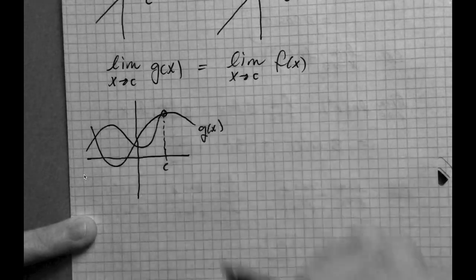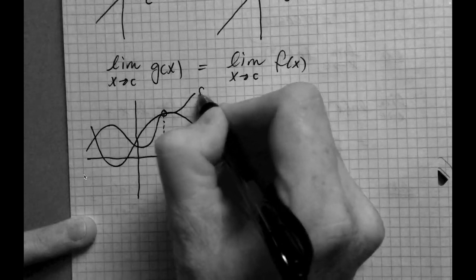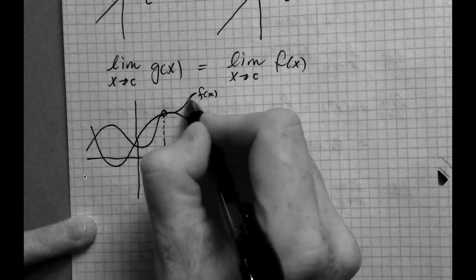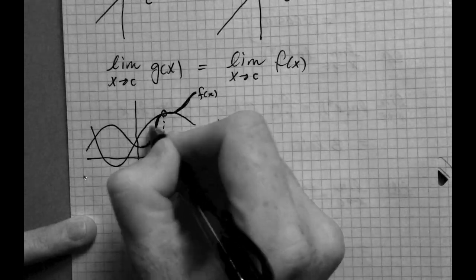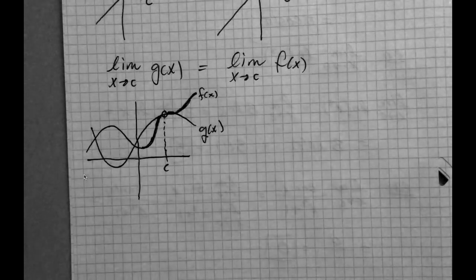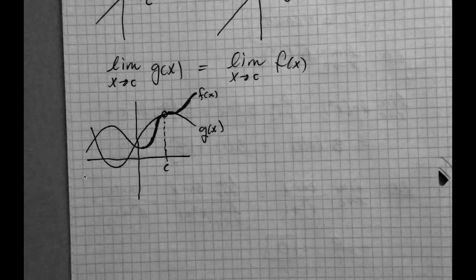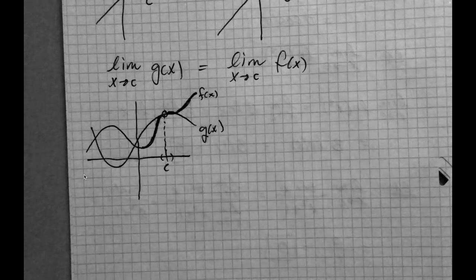Coincident here, except there's a hole, and then it moves away like this. It's a little difficult to see which one is which, but I'll try to make the f a little heavier. In that case, you can see that the functions aren't identical, but they are equivalent on an open interval around c, and so the limit of the one is the limit of the other.